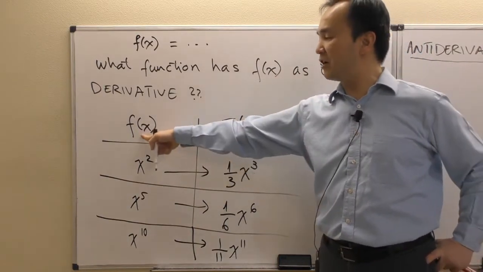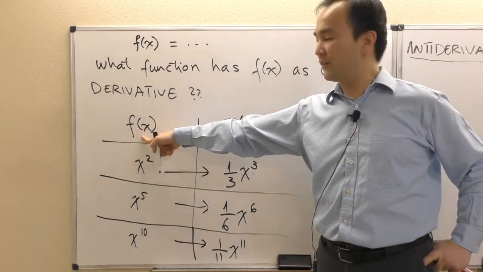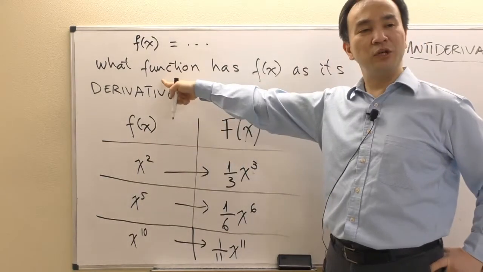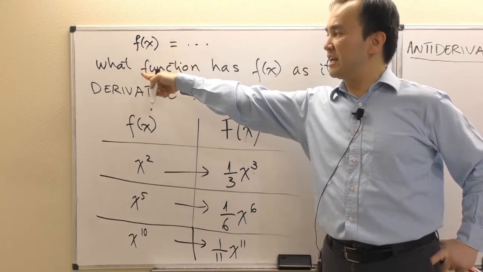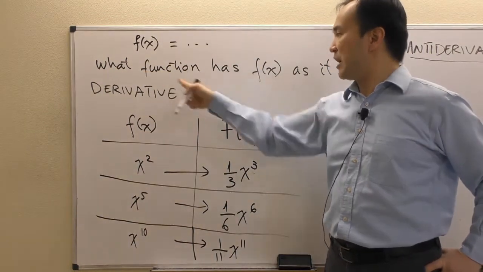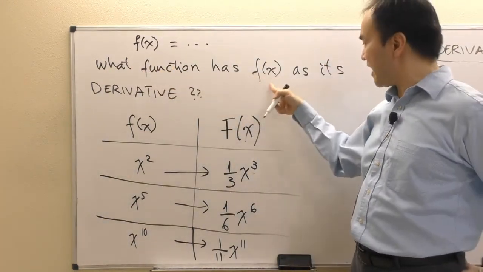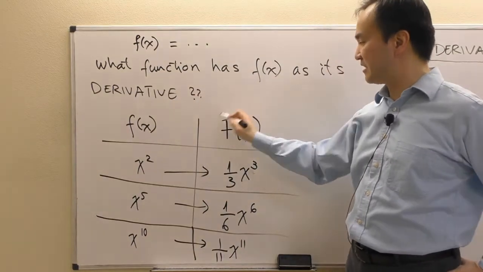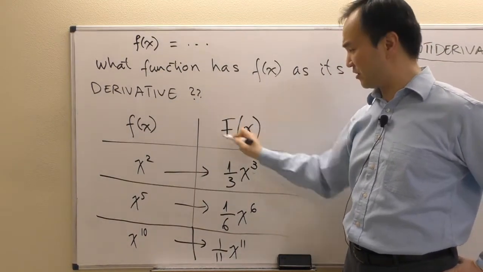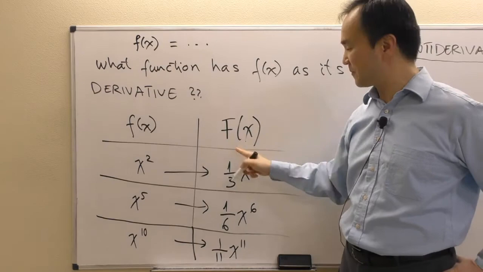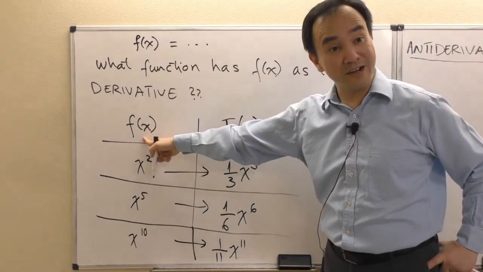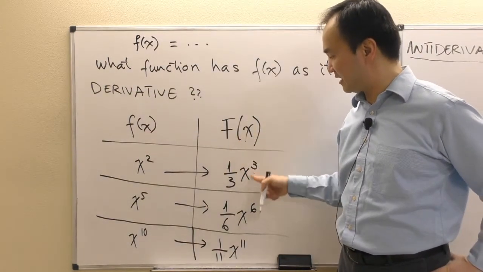So if our original function is a lowercase f of x, and we are put into the situation to find the answer to that question, what function has f of x as its derivative, then we name those functions with the capital letter, the corresponding letter. So capital F of x here are those answers.